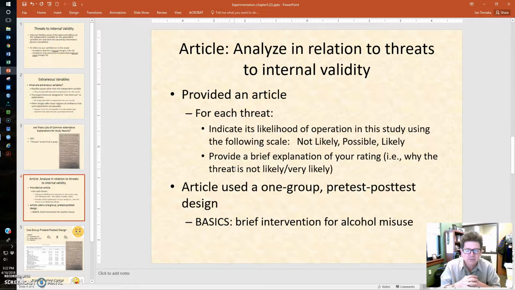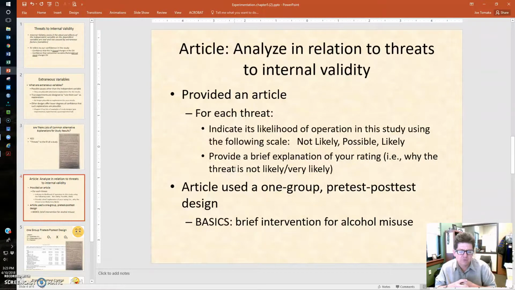The assignment asked you to read that article, and for each of the listed threats in Table 9.1, indicate its likelihood of operation using the following scale: not likely, possible, or likely, and then provide a brief explanation of your rating. Why was the threat likely or not likely, whatever decision you made?